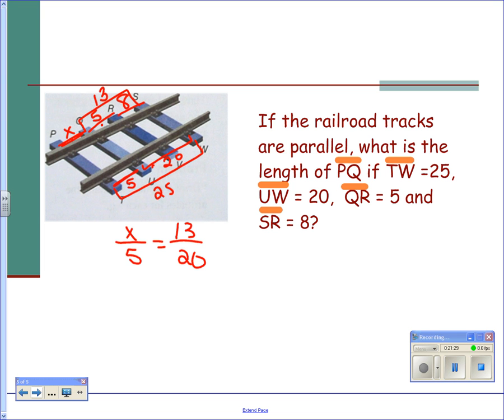Like in real life, yes, they would be the same length. But we're looking at the picture only. Does that make sense? Okay. So what would x have to be? Does that make sense? Any questions there?